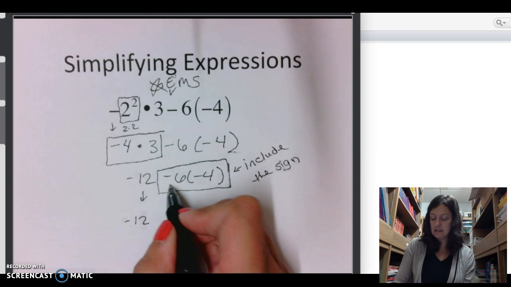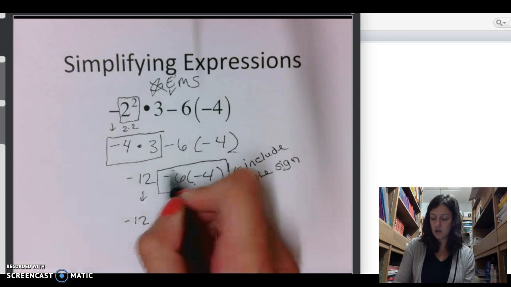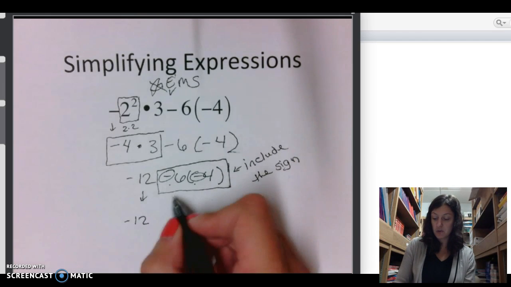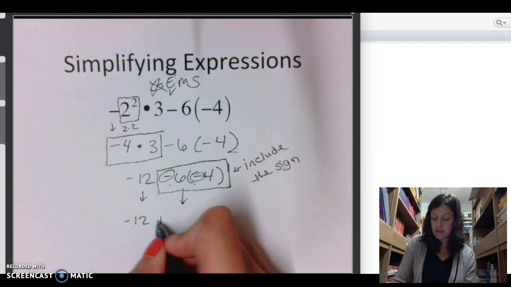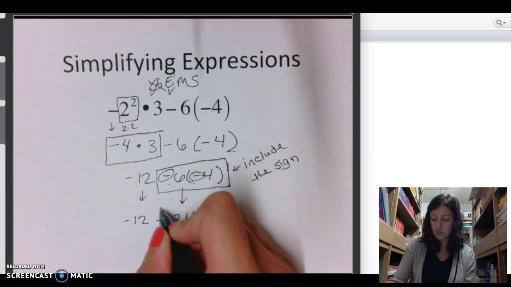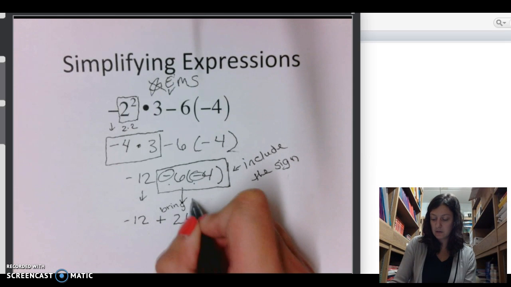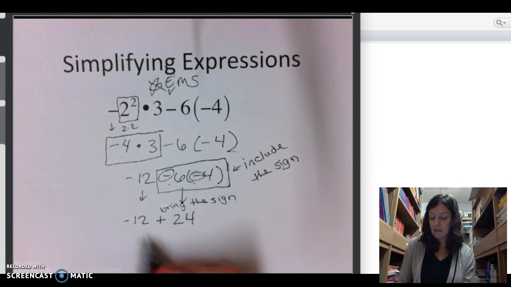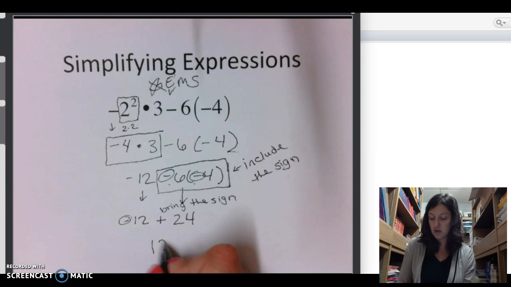And this is negative 6 times 4. Negative 6 times negative 4 is positive 24. Positive 24. Bring the sign. Now negative 12 plus 24 is 12.